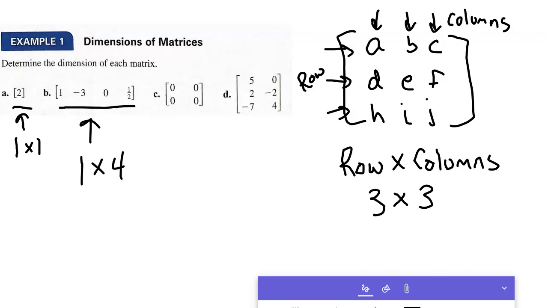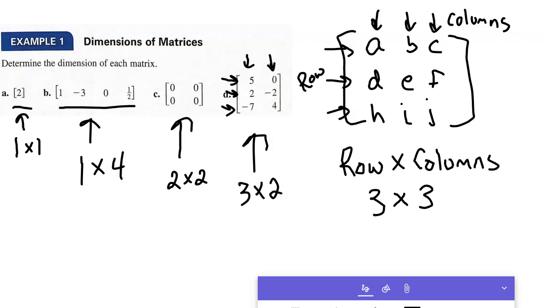So that's a 1 by 4. C is kind of an easy one. That's a 2 by 2. And D, now you probably got it by now, you have 3 rows and 2 columns. So this is a 3 by 2 matrix. And that's just how we number them and label them.